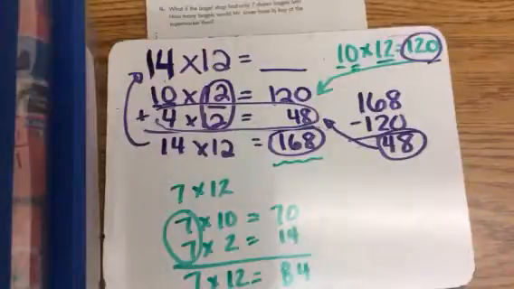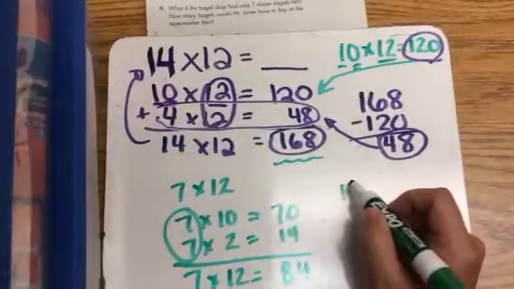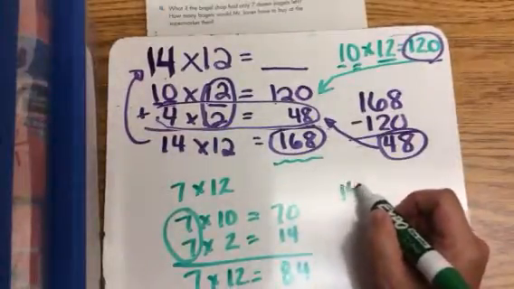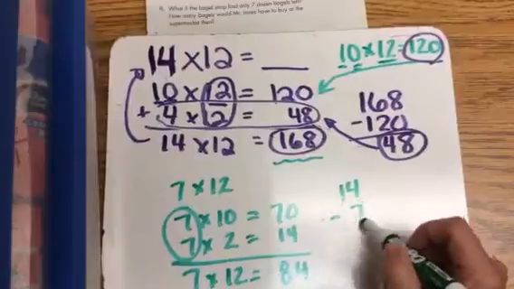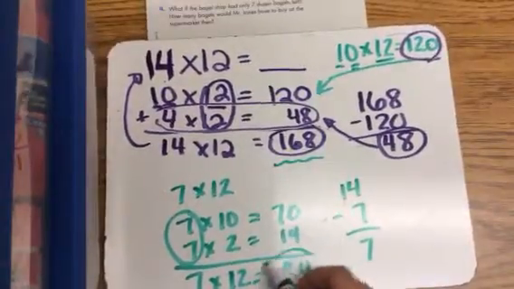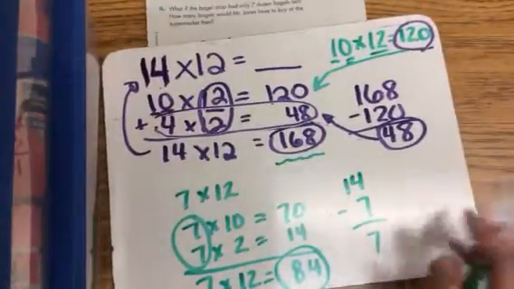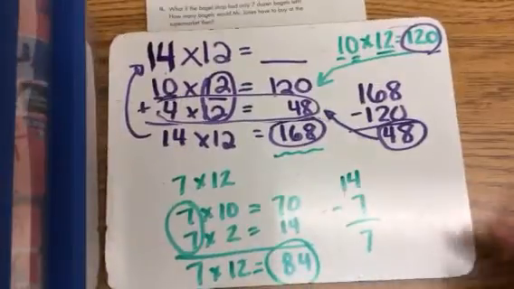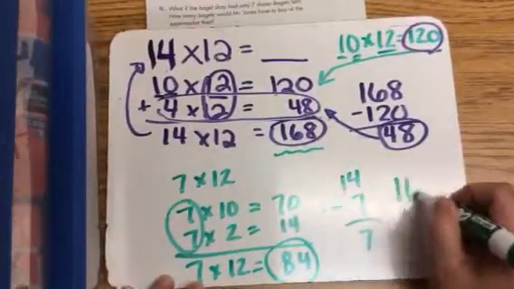But that's not what the question asks me. The question asks me how many bagels he buys at the supermarket. So I can either figure out that 7 is half of 14, because 14 minus 7 equals 7. So I'll know that he has 84. Or I can use Mrs. Q's strategy where I know that we need 168 bagels.